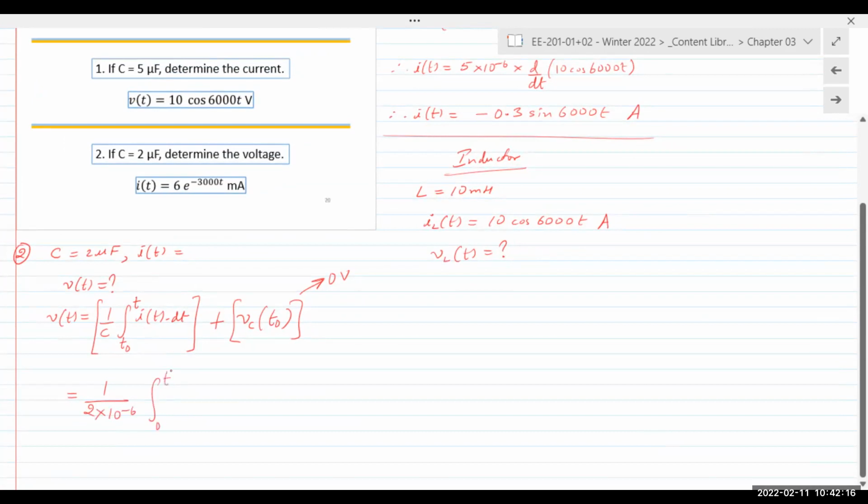T0 is 0. The endpoint is t, which is basically just an unknown variable. We don't really care. And we simply plug in 6 into e raised to minus 3000 t dt.